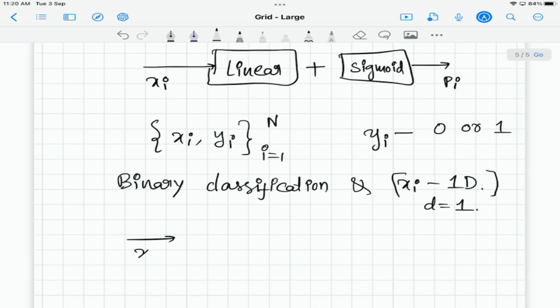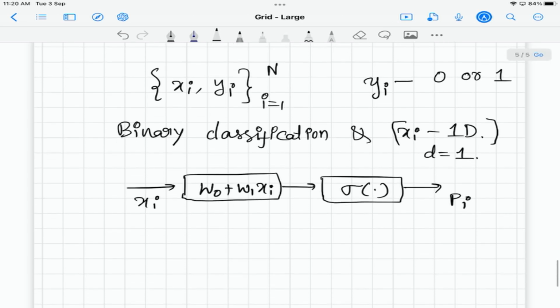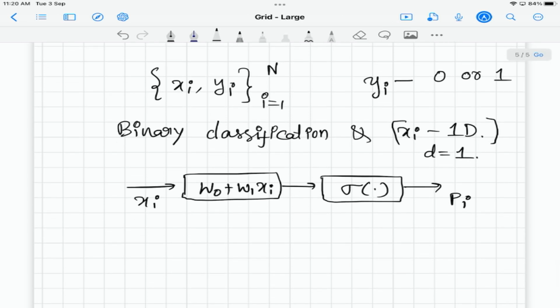So this can be written as your output: this is your linear model plus your sigmoid, which will predict the outputs. This is your logistic regression model.